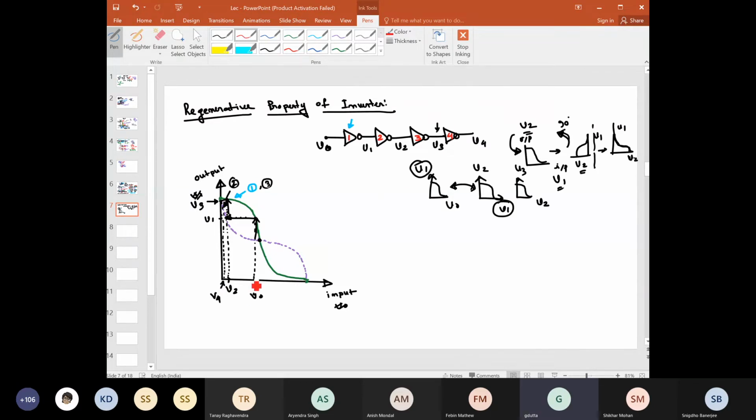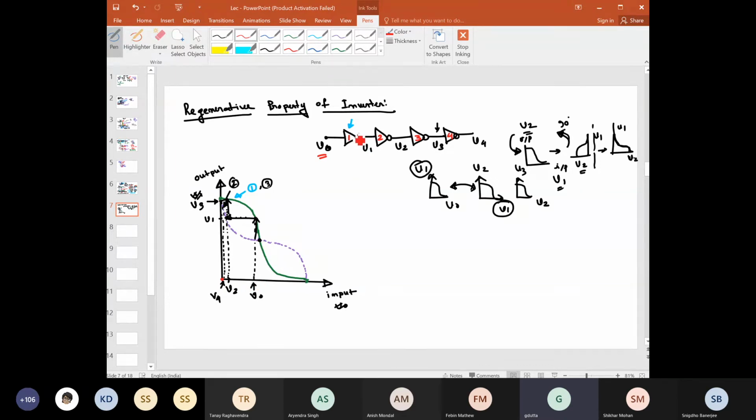Initially the input voltage that we applied, which is V0, is way off from this 0 volt. This V0 was below the threshold voltage, but it was beyond VIL. So it was way off from 0 volt. This much was the deviation. Maybe suppose that deviation is due to noise, right?